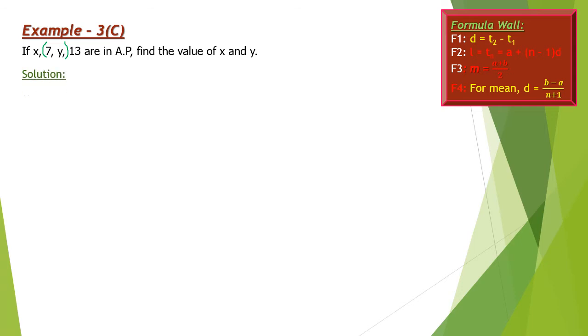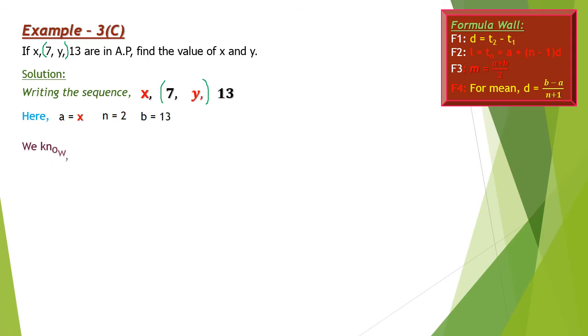So there are 2 means. Writing the sequence, it is x, 7, y, 13, and here a is x, and you can see n is 2, because between first and last term there are 2 terms. That means number of means is 2, b is 13.